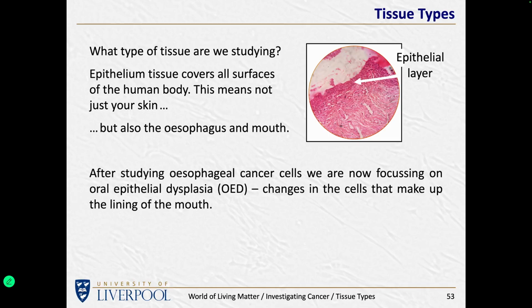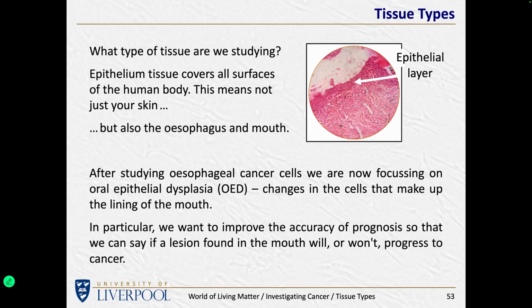We've studied esophageal cancer cells in the past, but we've spent quite a few years now focusing in detail on what's happening with oral epithelial dysplasia. This is a change in the cells in the lining of the mouth that might be benign, but they might be an indication of early signs of cancer. The question is, can we study OED and see whether or not we can pick out the signs that these are going to become a problem?